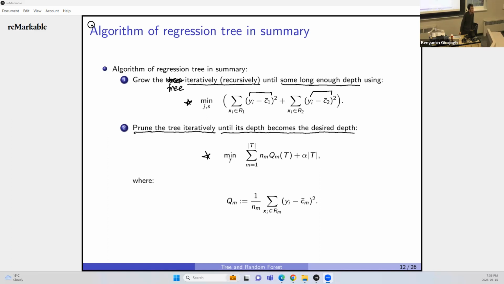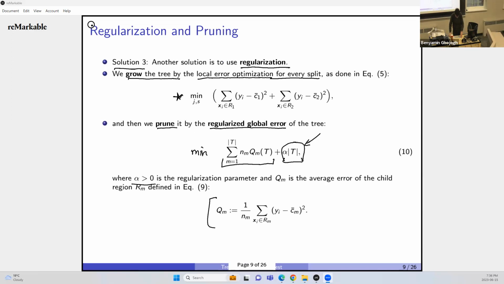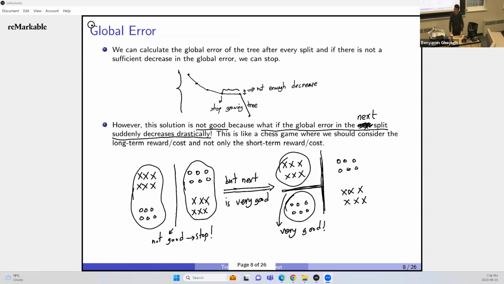Is it always necessary to prune the tree? Yes, exactly. Sometimes maybe you are in a good fit, even, for example, here. So the question is whether it's always good to prune or not.